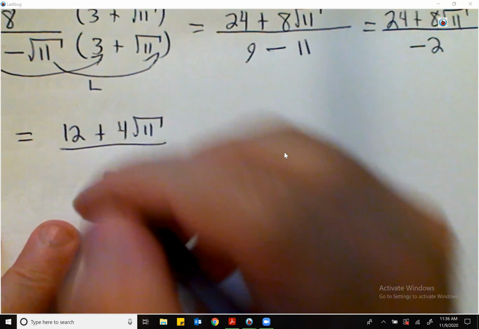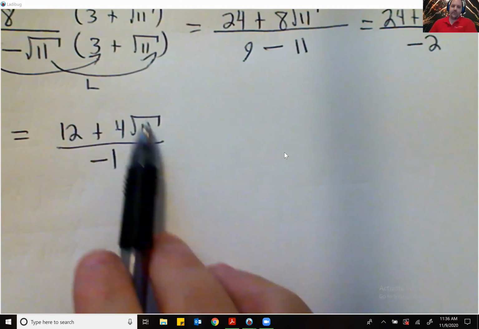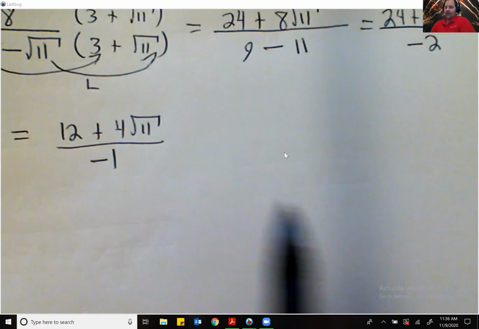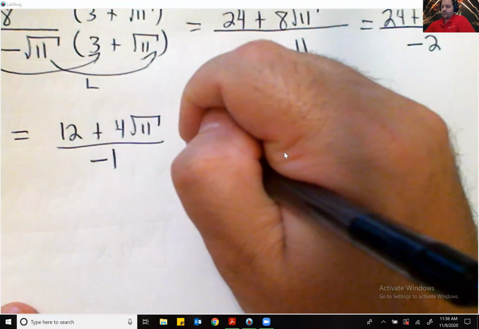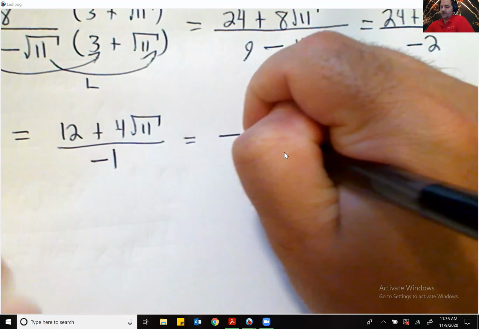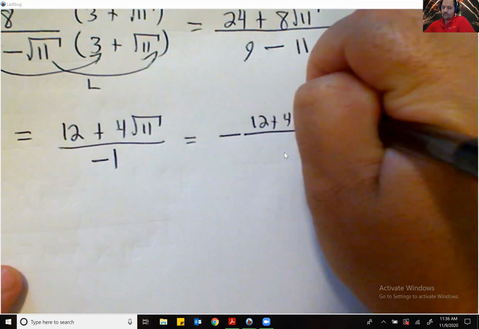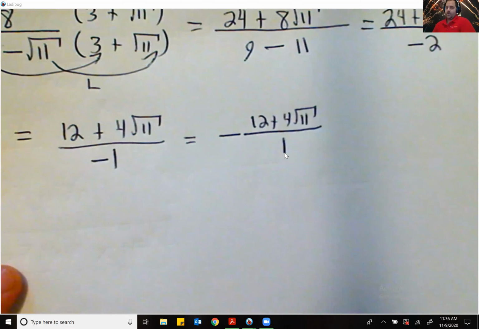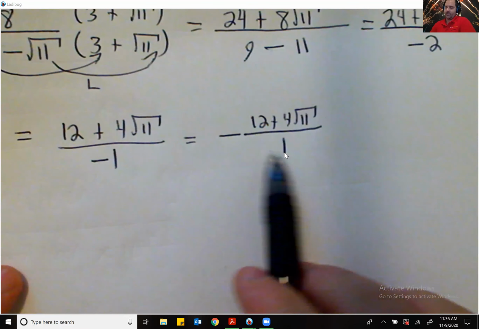Again, as we talked about before, this answer doesn't bother me any. It is technically correct, but it might bother my math lab. So you can do one of two things. You can move the negative out front, and this is still technically correct. But I said that we usually don't leave a negative one in the denominator. We kind of knock it out.